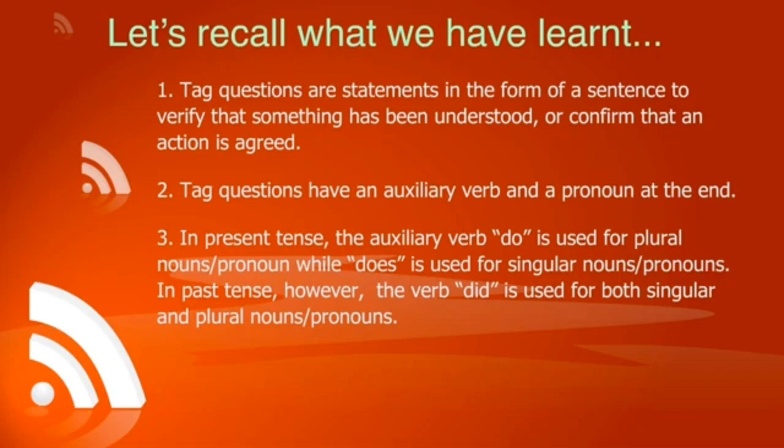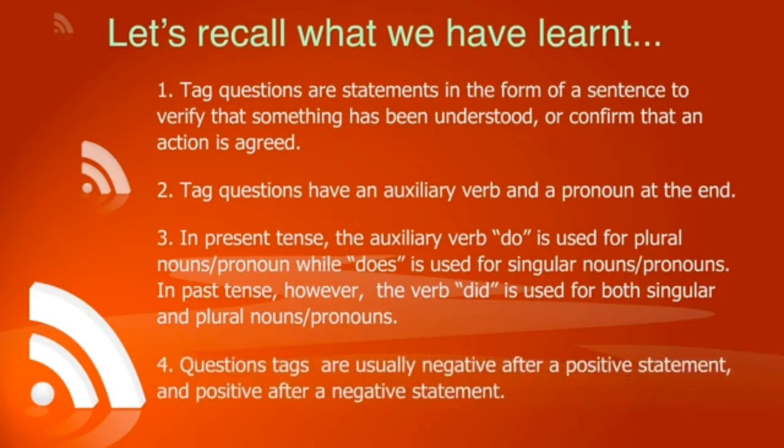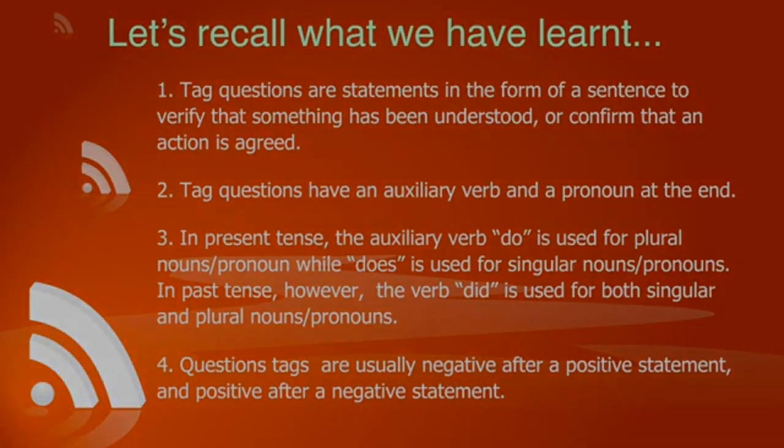Whereas in the past tense, however, the verb did is used for both singular and plural nouns. That is one other rule we said you must also observe in question tags. Finally, we said that question tags are usually negative after a positive statement and positive after a negative statement. So these are the rules you must observe in question tag.